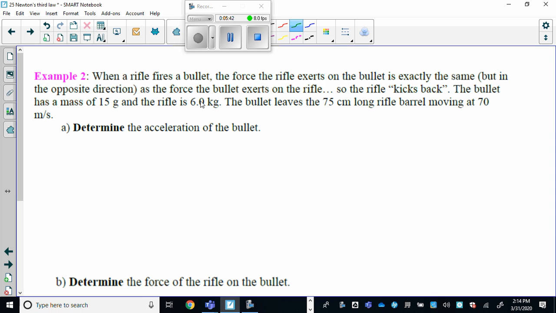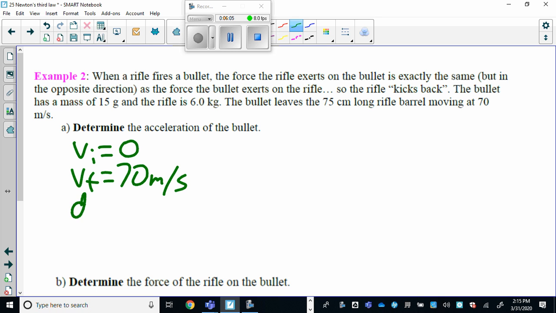The bullet leaves the 75 centimeter long rifle, moving at 70 meters per second. So first of all, we have to determine the acceleration of the bullets, and we're back to kinematics for that. We have the initial velocity. We have the final velocity. We have the displacement, 0.75 meters, and we want to find the acceleration.